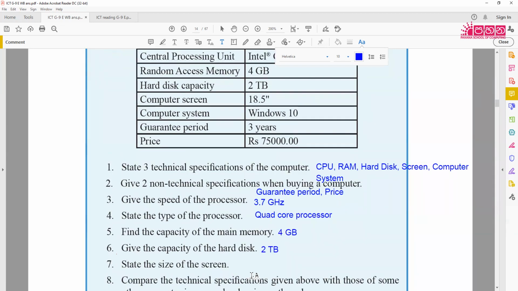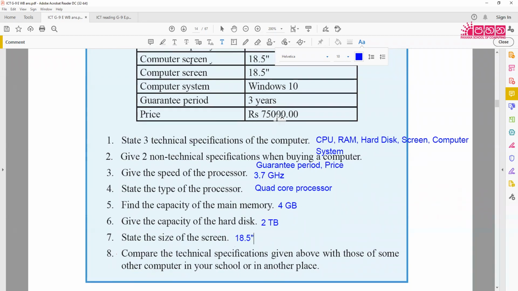Seniru, can you tell me the size of the screen? 18.5 inches. And we discussed last time, you measure it diagonally on the screen.